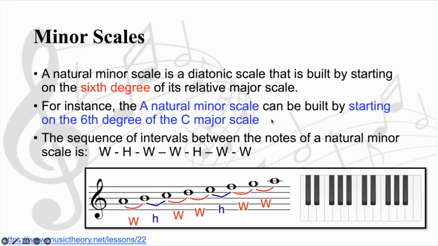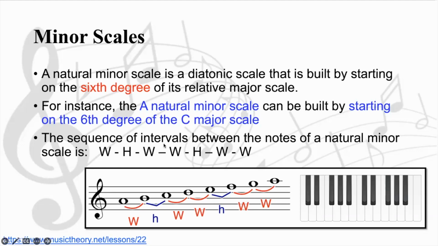The A minor scale can be built by starting on the 6th degree of the C major scale. Then we can count: C is the first one, D is the second one, E is the third one, F is the fourth one, G is the fifth one, so A is the sixth one. So it's the 6th degree of the C major scale. So A natural minor scale will be the same as C major scale. That is what we talked about last time.